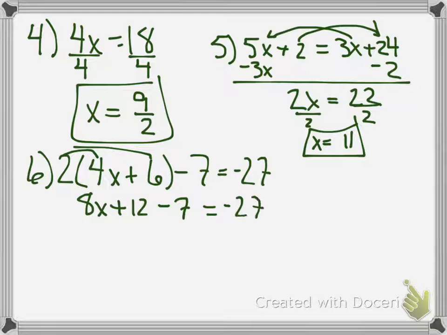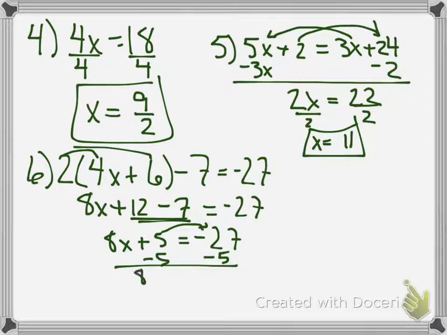Notice I didn't mess with anything else. Combine my like terms. That would give me 12 minus 7, which is 5. Then I'm moving that 5 over. If it's positive 5, it's going to become -5, which would give me 8x equals -32. Then I can divide by 8 to get x equal to -4.